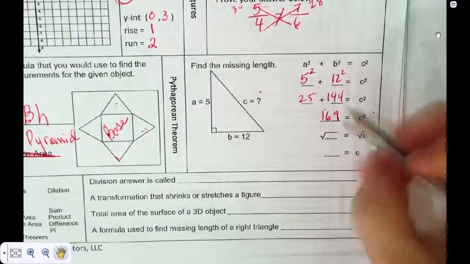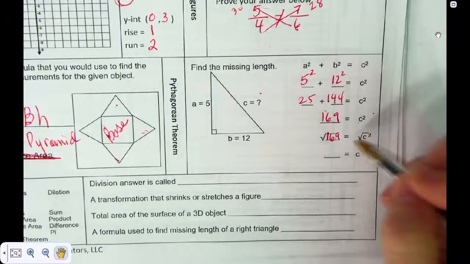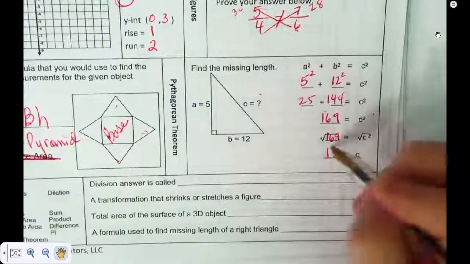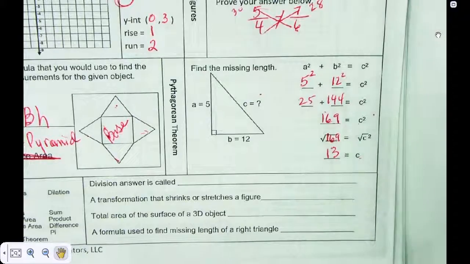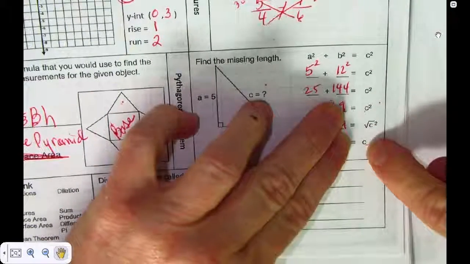I'll let y'all go ahead and take the square root. But that's 169. 13 equals c. Do you notice they didn't put c equals 13? They didn't switch it. Because the square root of c squared is c, not 13.